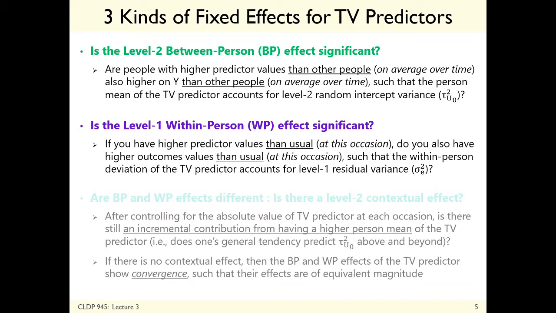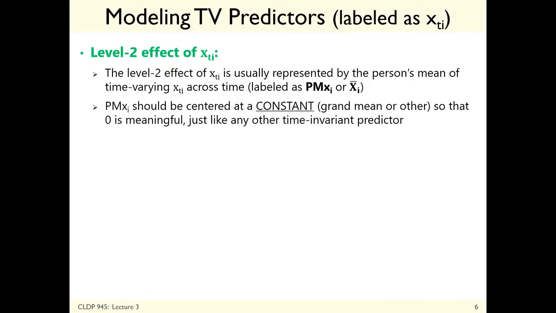Also, at the same time, if you are higher on x than usual, is your y higher than usual? If that is true, that within-person relationship should explain level 1 residual variance. So each level has its own predictor, its own effect size, its own conclusion. The third one is grayed out for the time being because I don't want to talk about it yet, but it's coming.